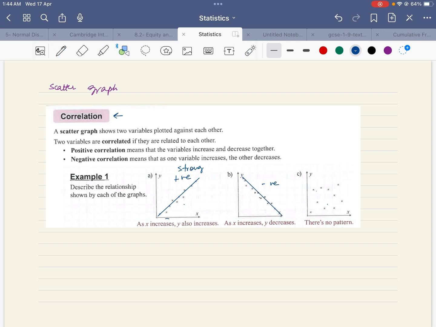This is strong negative, means closer to most of the points and a line with the negative slope. This is no pattern, means no correlation. Even if you pass a line, a lot of points are far apart and the line does not have any points which are close to it. Also, it does not show this or this kind of a pattern. So there is no correlation.